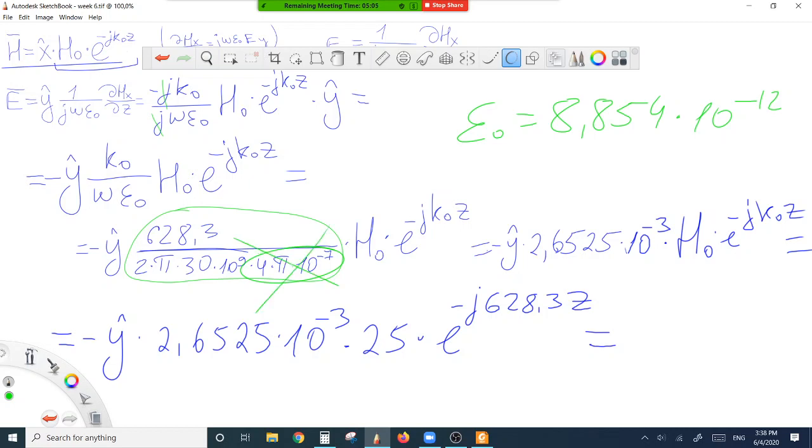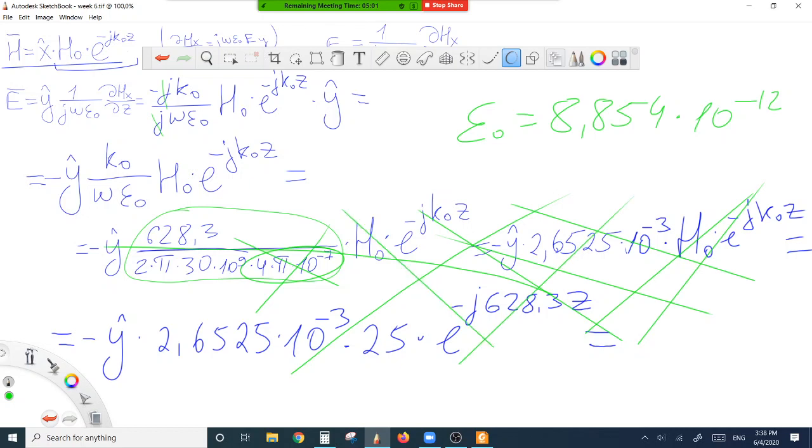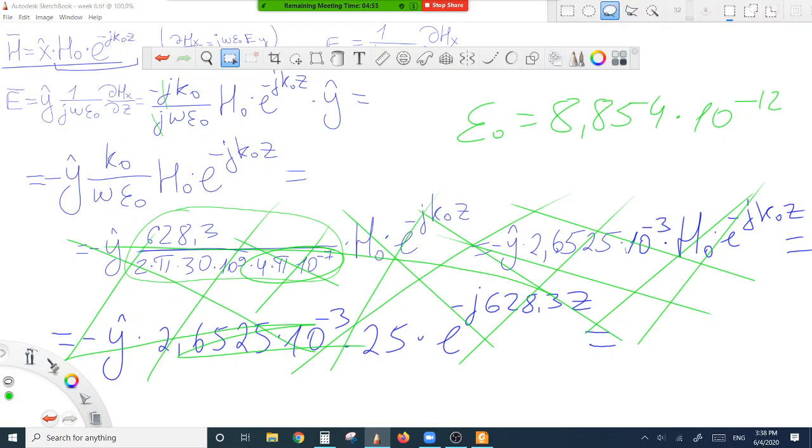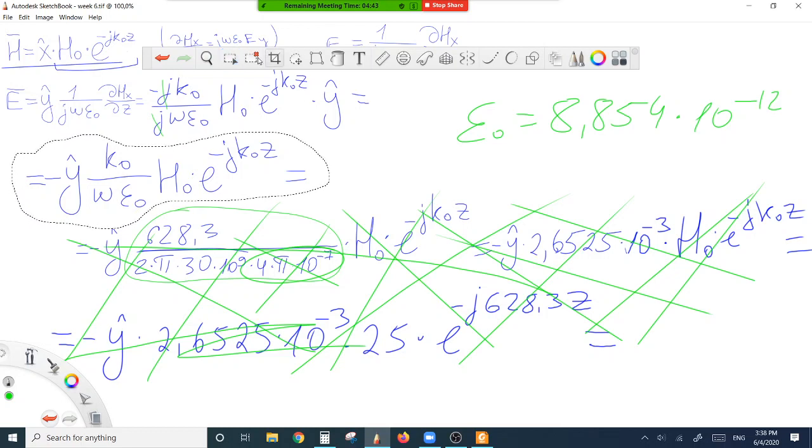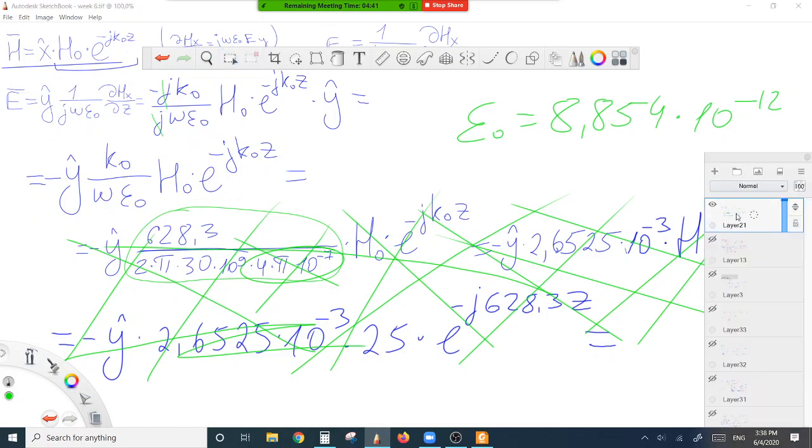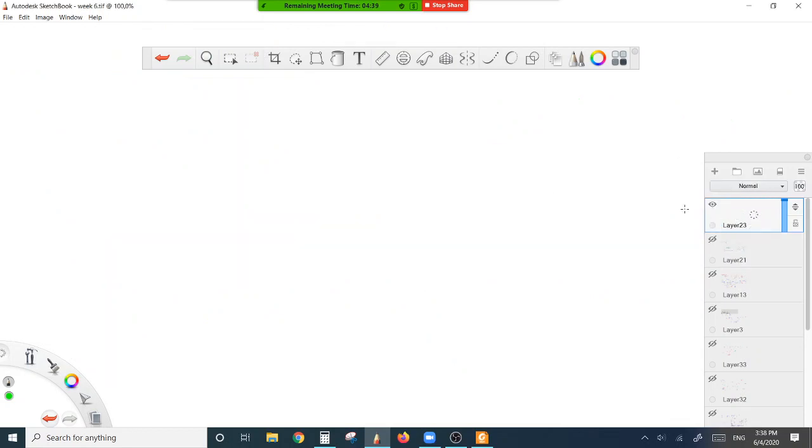It is not correct, and so everything is not correct. Sorry, let us compute it again. Okay, let me go to a new page.